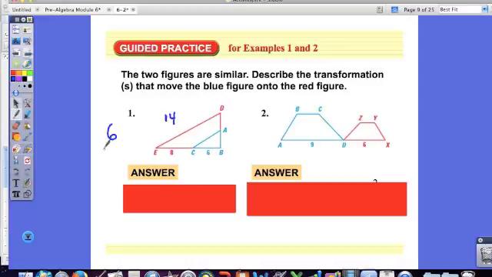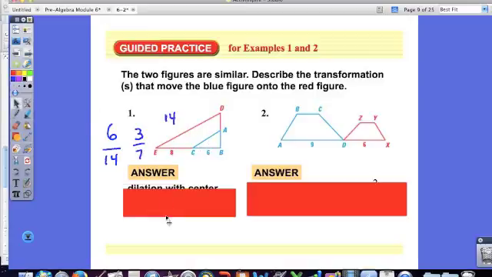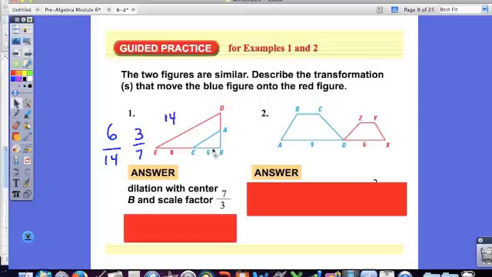So we're going from a side length of 6 to a side length of 14. Actually, since it's getting bigger, it's going to be 7/3.